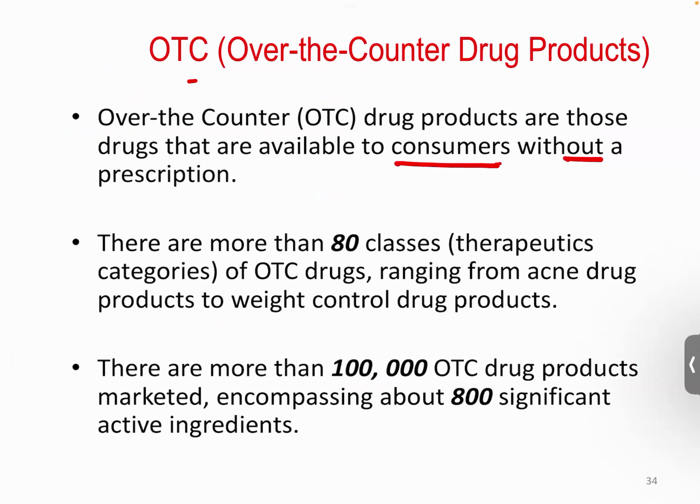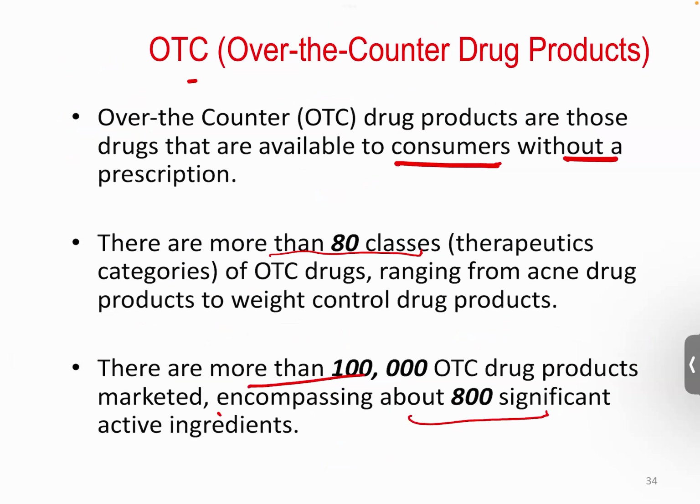There are more than 80 classes. They keep on evolving, ranging from acne drugs to weight loss and all that. There are many OTC drug products on the market, and more than 800 significant active ingredients. So I think we don't need to go into this. This is out of scope.